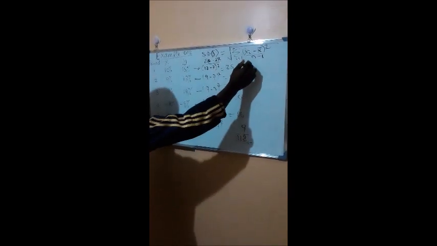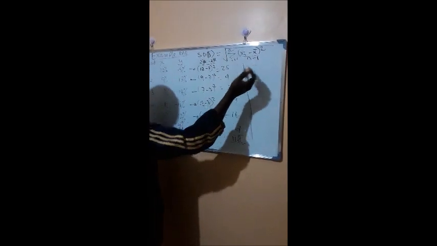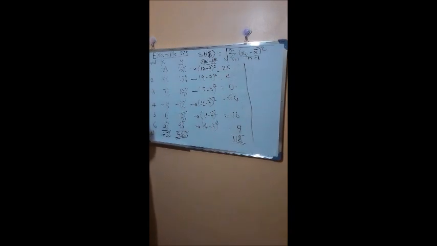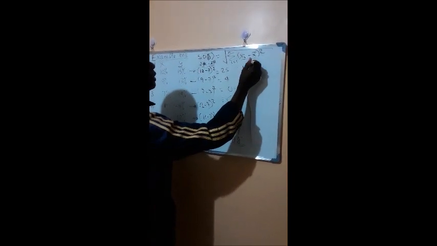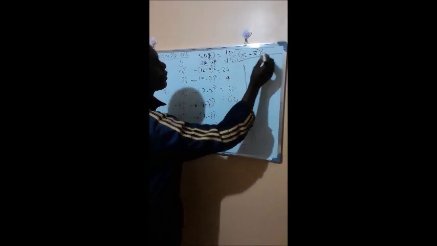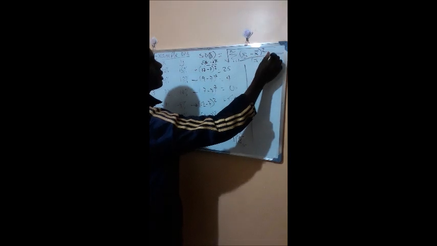118. This is for share X. Now we are required to calculate for market Y, which is Yi minus Y bar squared.